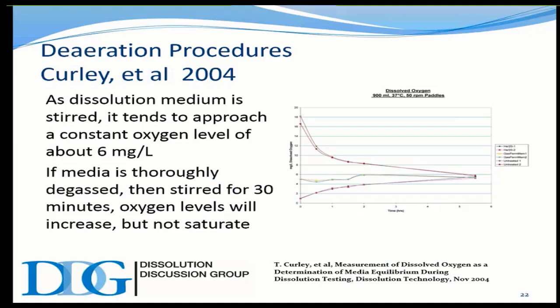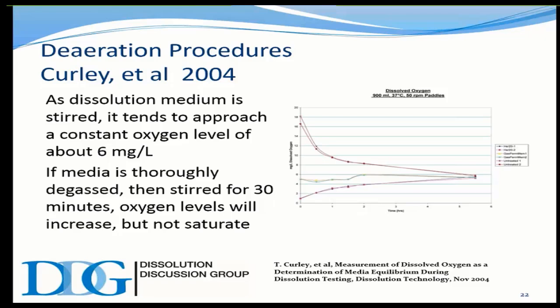The top 2 are basically media that has been untreated, not deaerated, from a couple of different sources. Placed into a vessel, it looks like it started off around 16 to 18 part per million. And because it is degassing, it slowly loses air to a point where it steadies out at about 6 part per million. Now, this study was done at about 5.5 hours, to give you an idea. It would take some time for it to equilibrate.